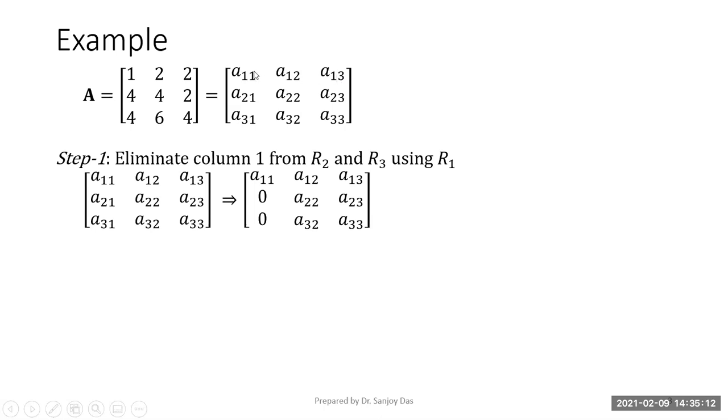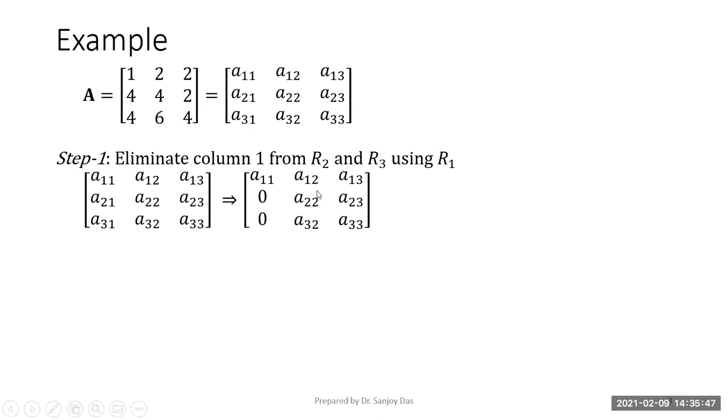Using that row, I'll zero out the elements from the first column that are below the diagonal. You see, this is the first column. These are the ones below the diagonal. So what I will do in step 1 is convert these A21 and A31 to zeros, using matrix operations.